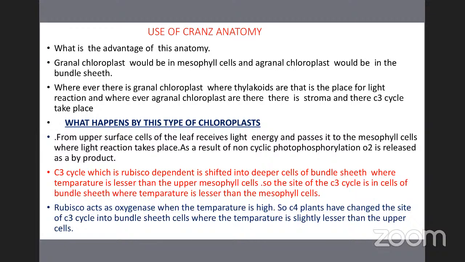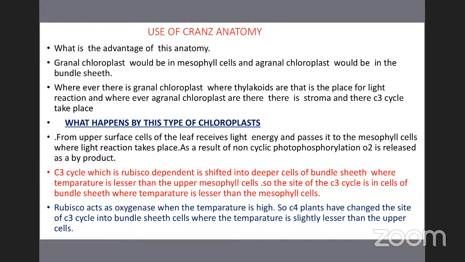Then next, about the Rubisco enzyme. Rubisco acts as oxygenase when the temperature and oxygen concentration are high.